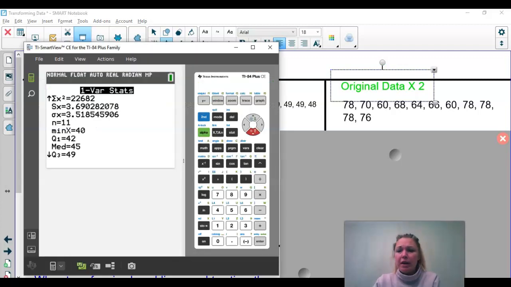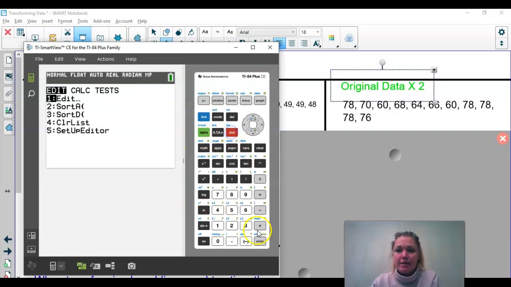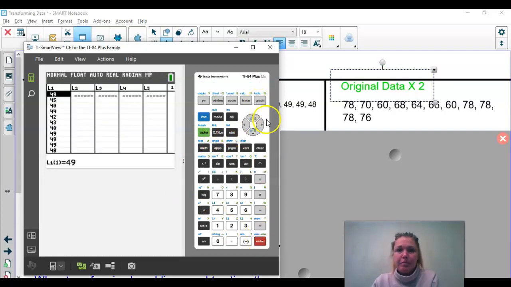Let's go to our graphing calculator and see if the same thing happens. So I have 78, 70, 60, 68, 64, 66, 60, 78, 78, 78, and 76.